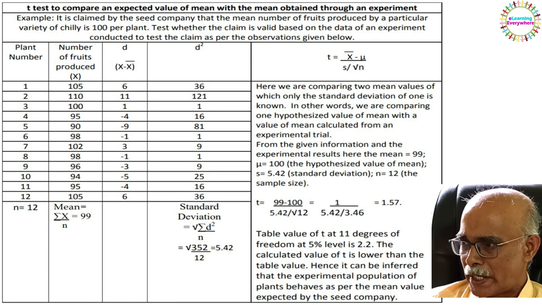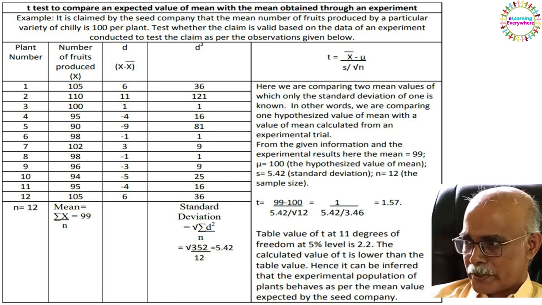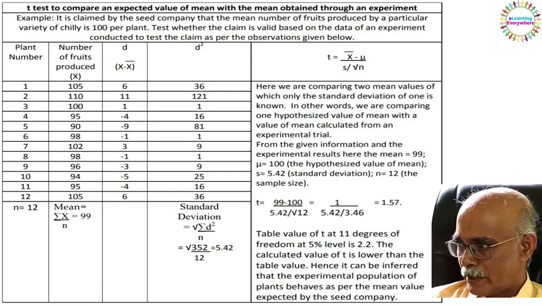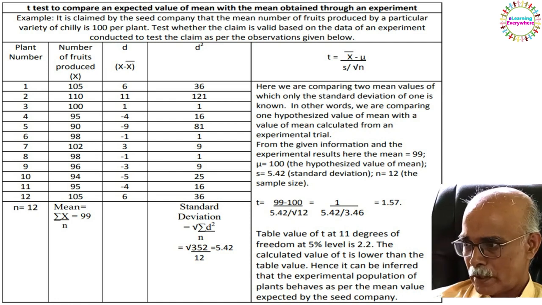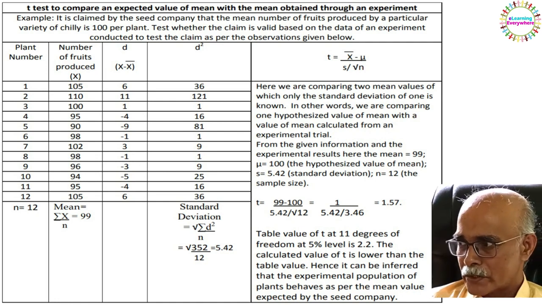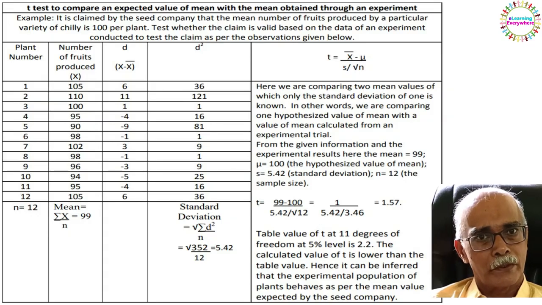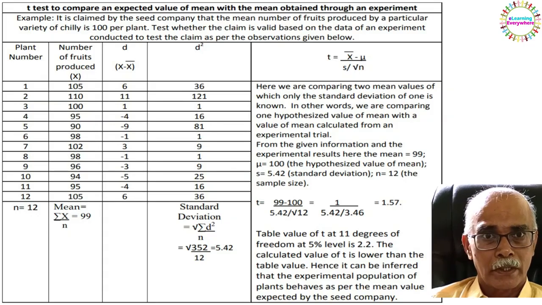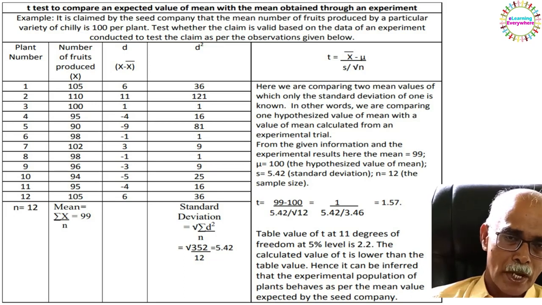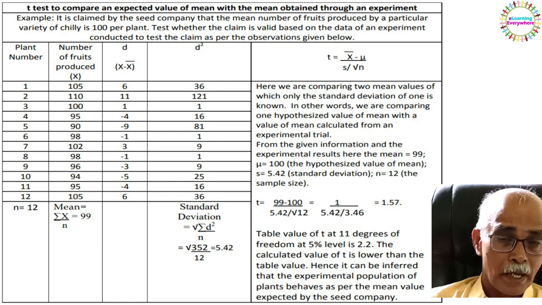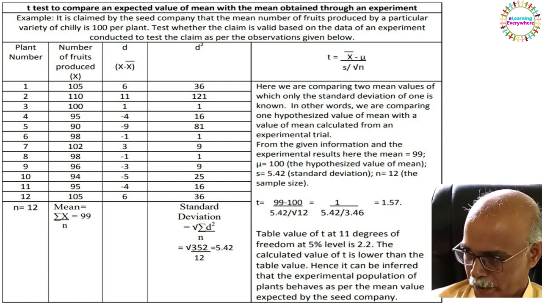So you are given such a data table in which you have used 12 plants in the sample, and you have recorded the annual production of number of fruits, and you are asked to find out whether the behavior of this fruit production is as per the claim made by the seed company.